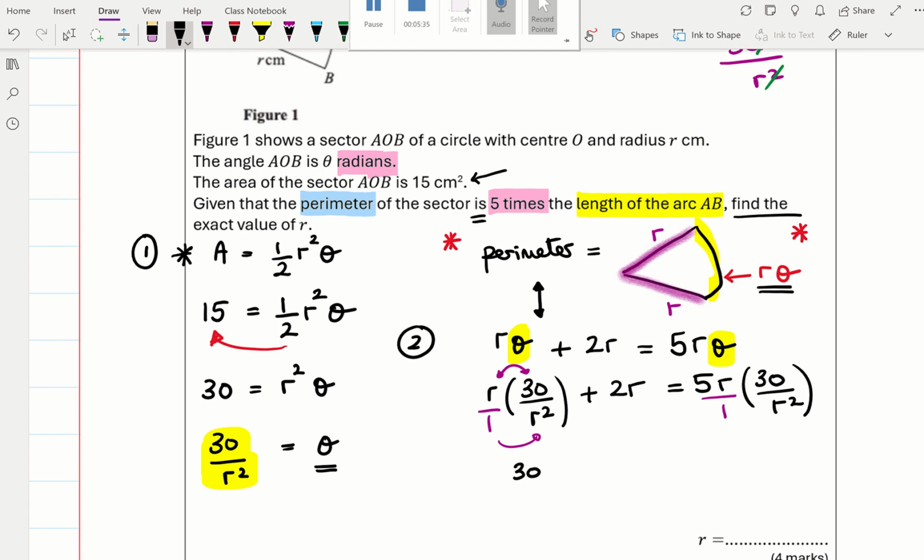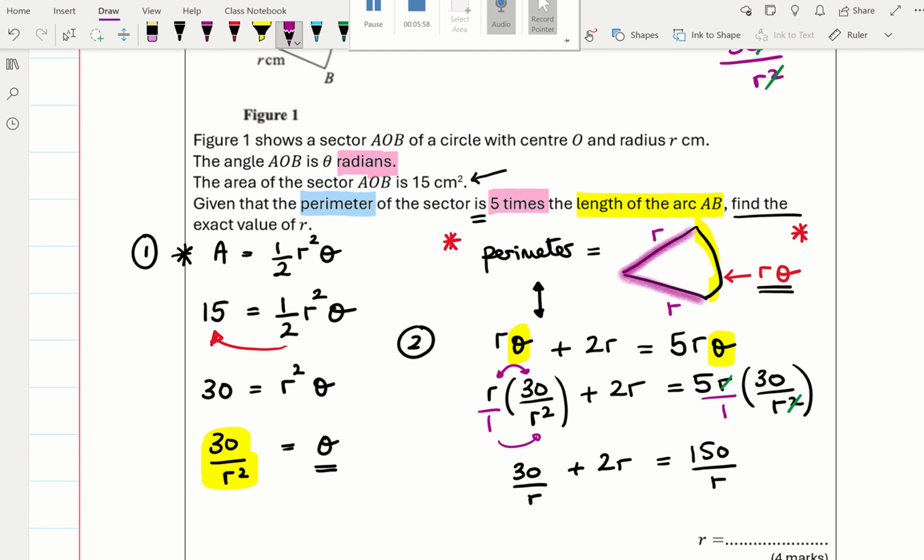So this is 30 over r plus 2r equals, and I'm going to do the same here. 5 times 30 is 150. So this is 150 over r.